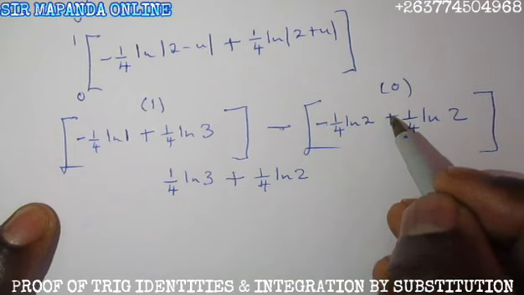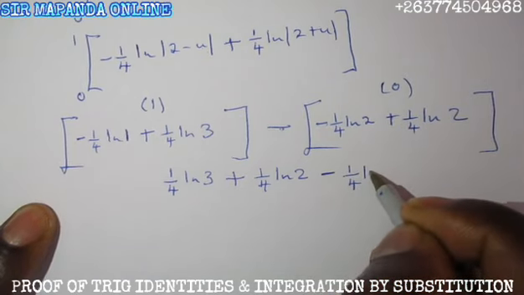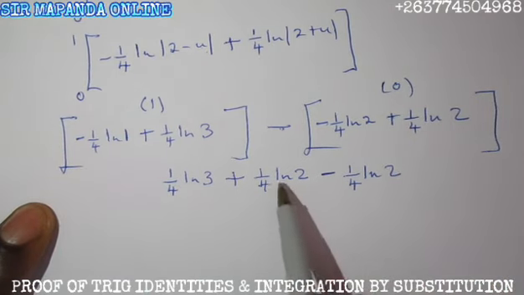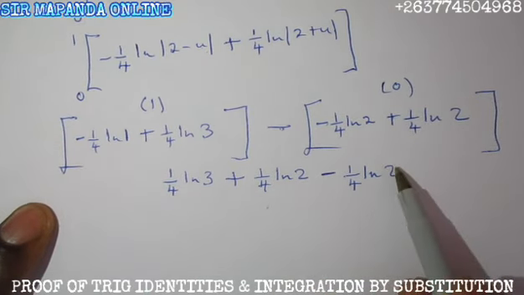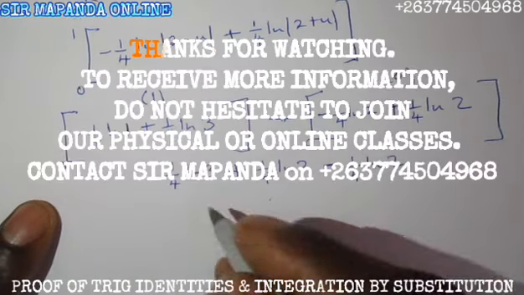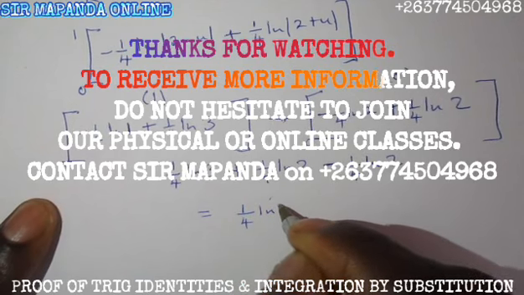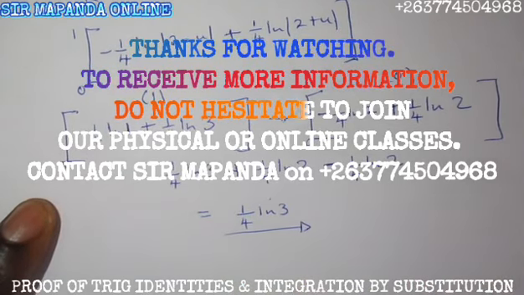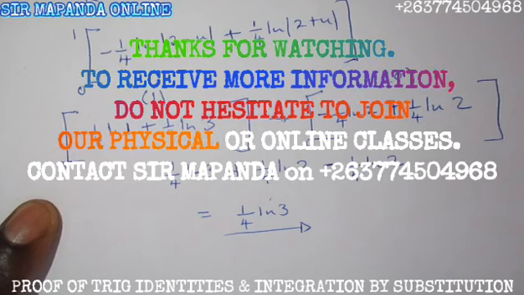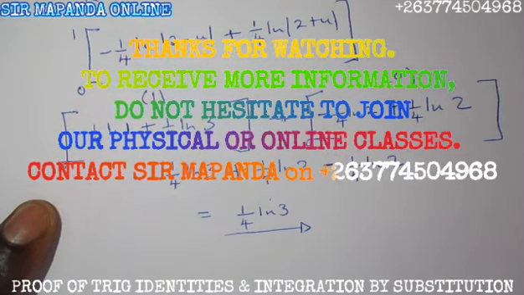Then minus times plus, you get minus 1/4 ln 2. So 1/4 ln 2 and minus 1/4 ln 2 are like terms, and they give you 0. So your final answer becomes 1/4 ln 3, leaving it in exact form as per the requirement of the question. I hope you are following, class.